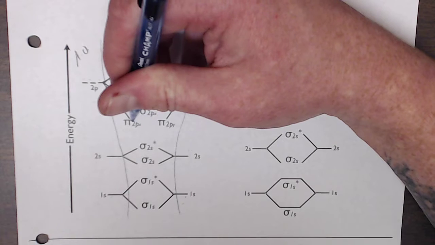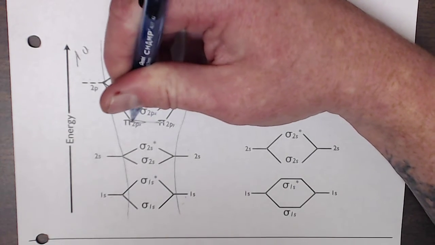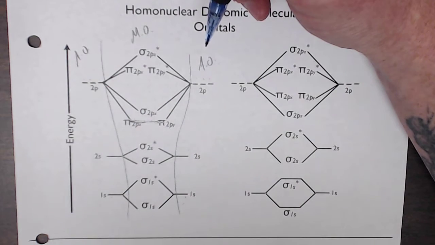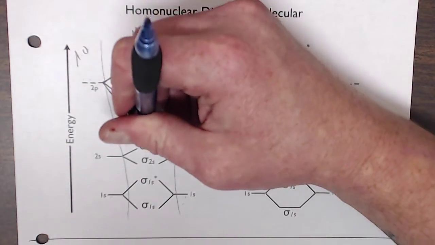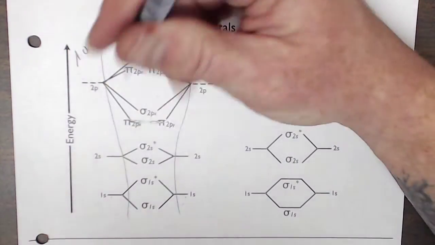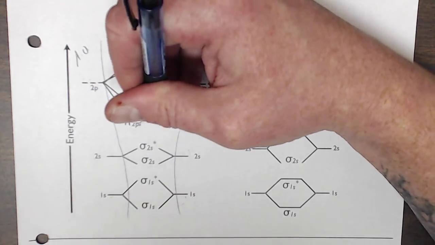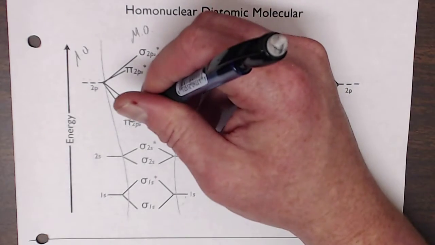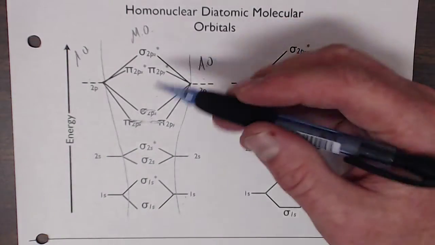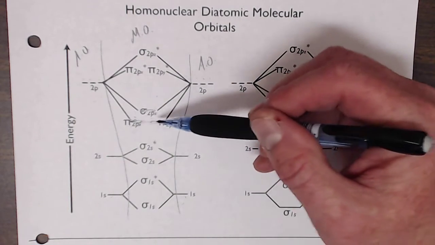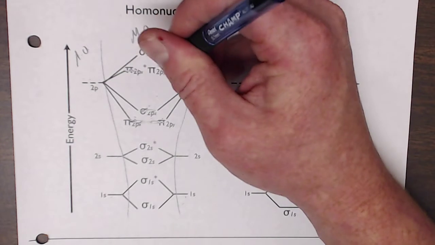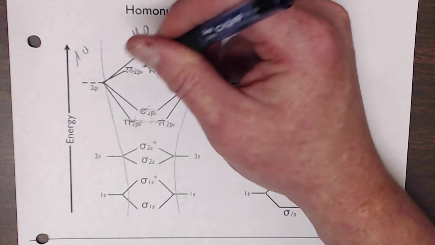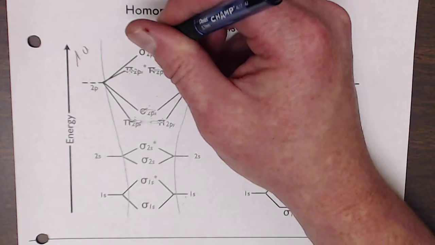If I have 1 pi bond, that would only be 2 electrons. So in reality, what I need is the possibility for 2 pi bonds, or 4 electrons. So 1, 2, 3, 4, 5, 6. And then now I could make 7, 8, 9, 10, 11, 12.